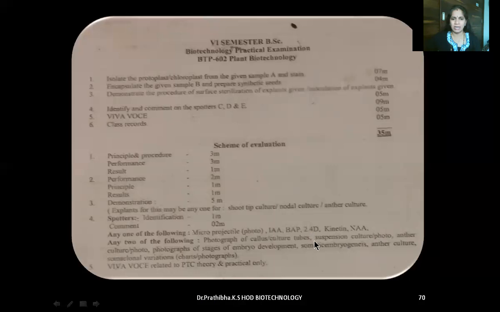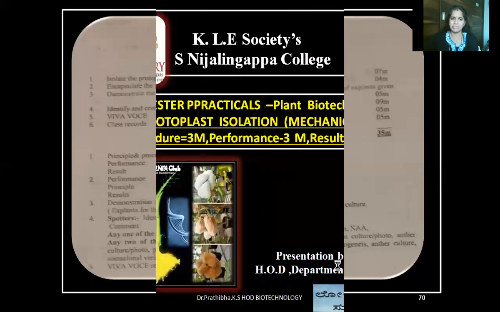Other than these hormones, we can also keep micro projectile photographs, photographs of callus culture, or you can also keep tubes, then suspension culture, anther culture, stages of embryo development, somatic embryogenesis, and somaclonal variation. All these photographs we are going to keep. You need to identify those spotters and comment on them.